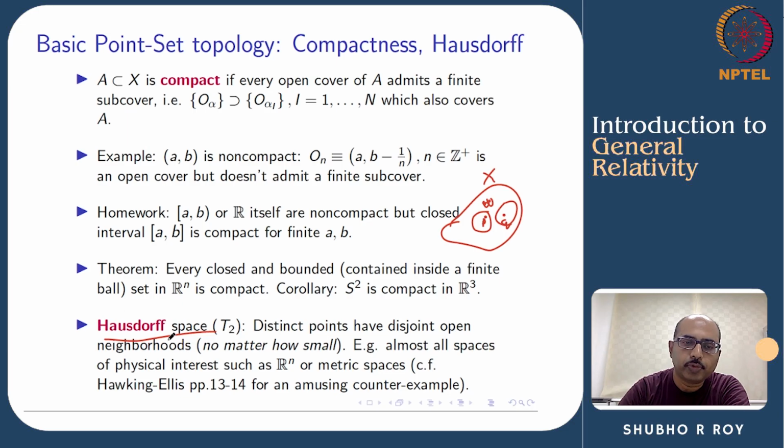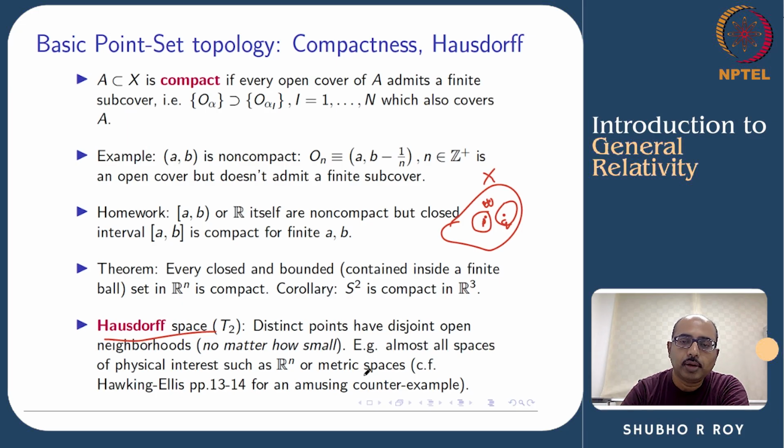When we were students, I remember some people joking about it: Hausdorff can be thought of as two people who are "Hausdorff" in different houses. No matter how small the neighborhood, we can always find two non-overlapping neighborhoods for two distinct points. Although it's a bit pedantic, it's actually kind of important.